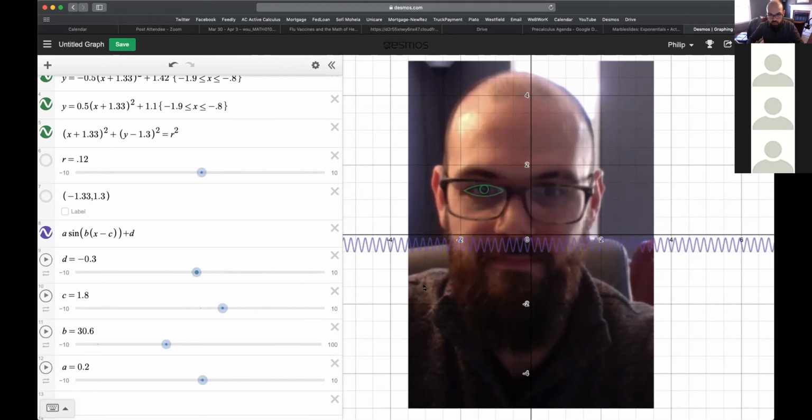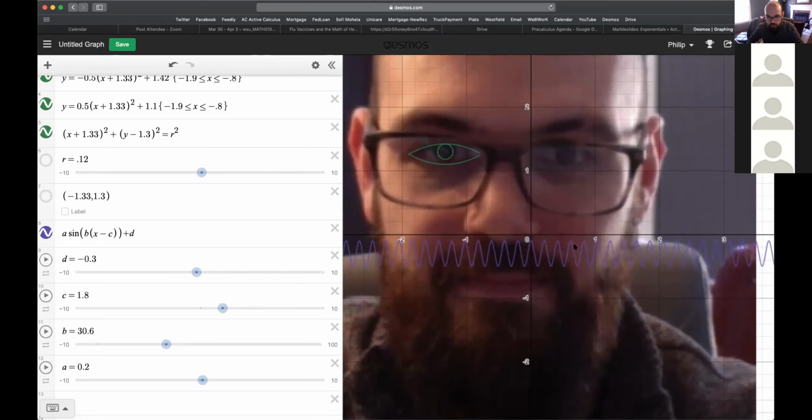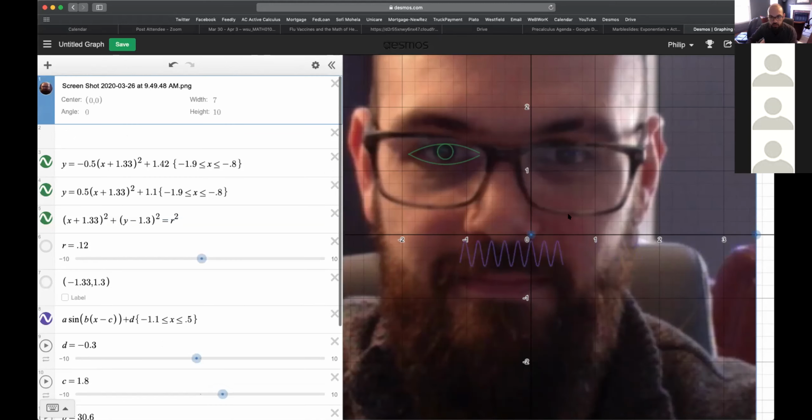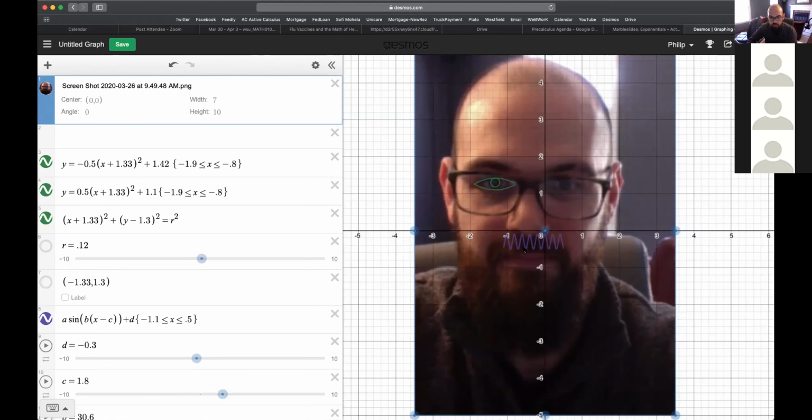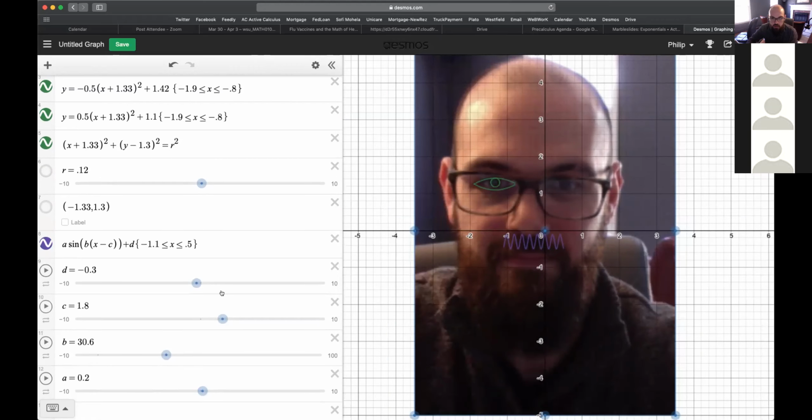So I could give myself a crazy mustache here and then cut it off at, looks like, negative 1.1, 0.5 or something like this. Okay, so I could give myself a little cartoony look, but I think you get the effect if you wanted to use it.